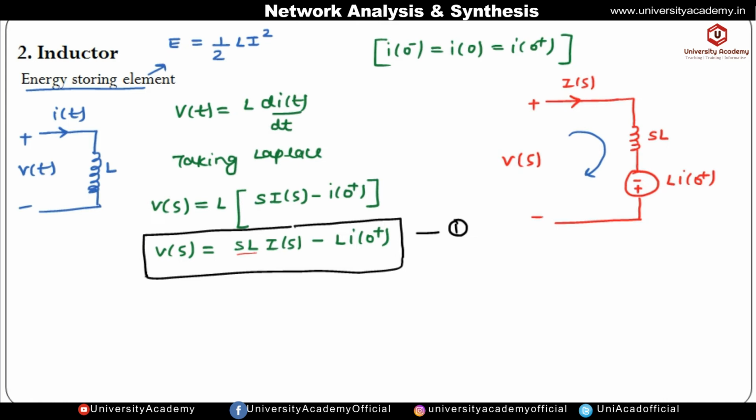So you have to take the polarity of the voltage such that it supports the I of s current, and the value is given by L, that is the inductor value, into I of 0 positive, that is the current flowing through the inductor at t equal to 0 positive.